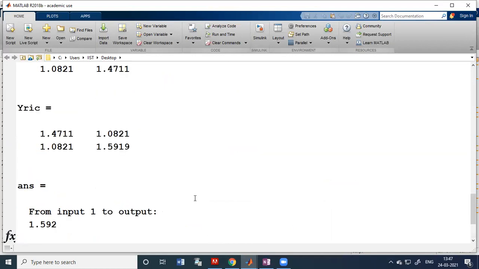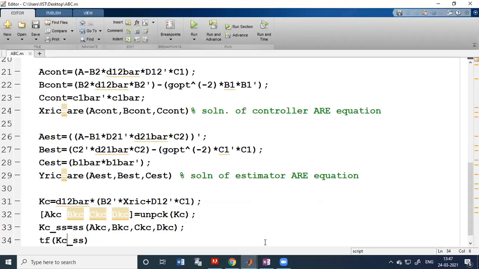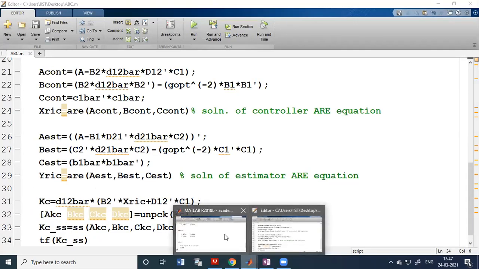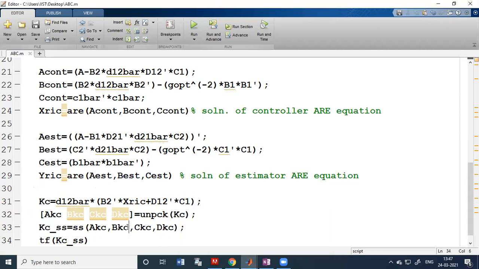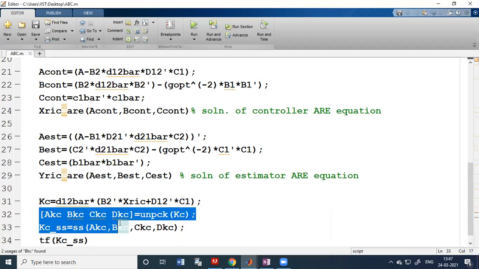Did I make a mistake? Sir, that controller had some transfer function, but this has only the D value. Did we make any mistake here? Okay, I will check it, and maybe next class we will meet.